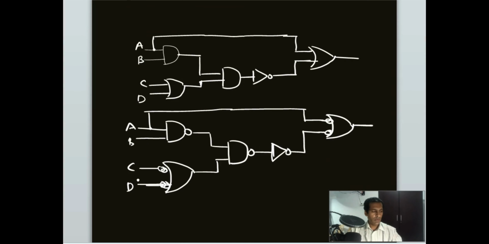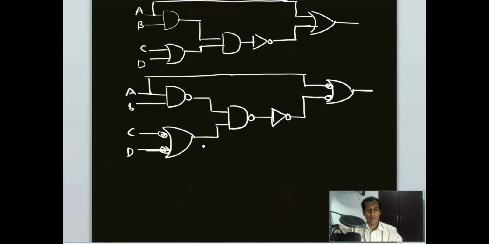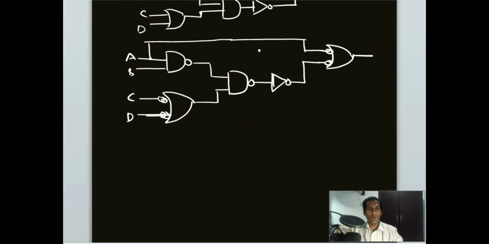Now second stage: wherever a bubble is present, we have to connect one inverter. We start with this AND gate, where one bubble is attached, so after this we add one inverter. Then before the OR gate there are two bubbles, so here we add two inverters.